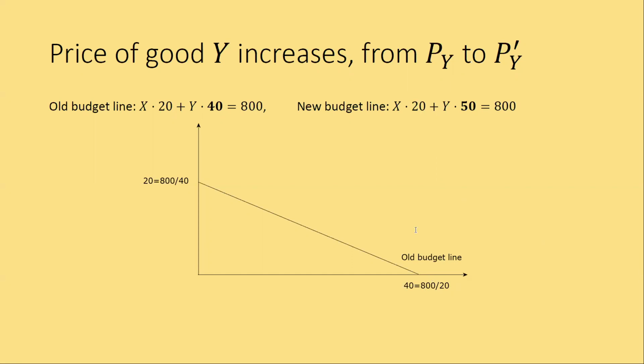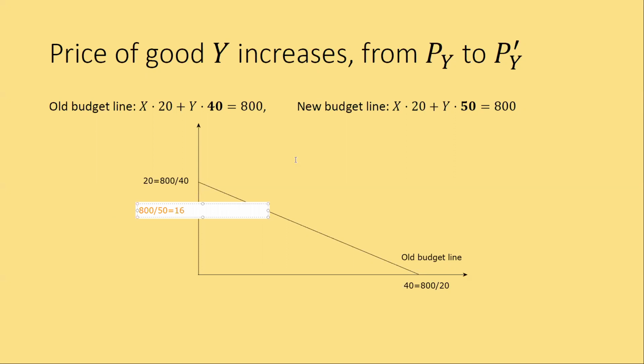Your Y-intercept can be found by dividing your income by the new price of good Y. So your Y-intercept will now become 800 divided by 50, and if I'm correct, this is going to be 16.